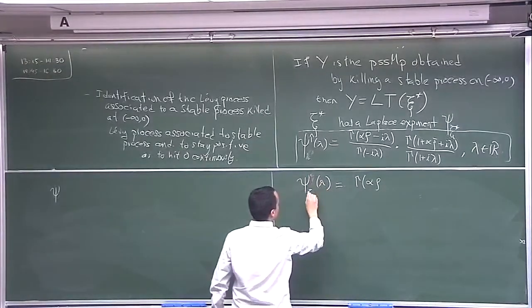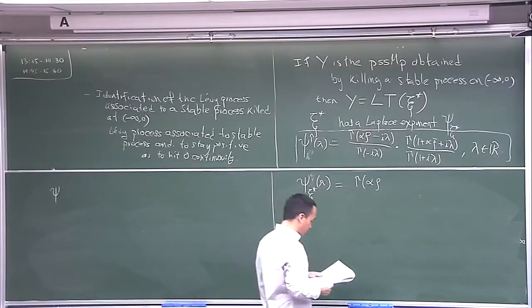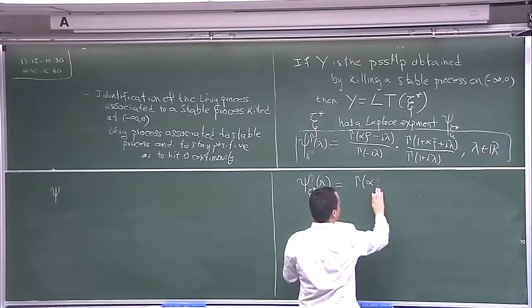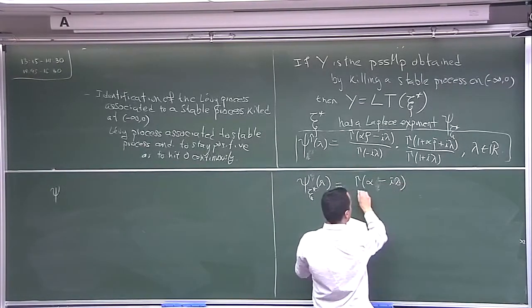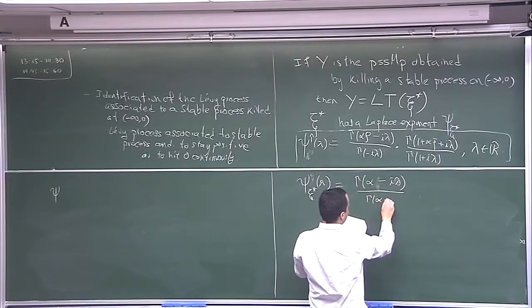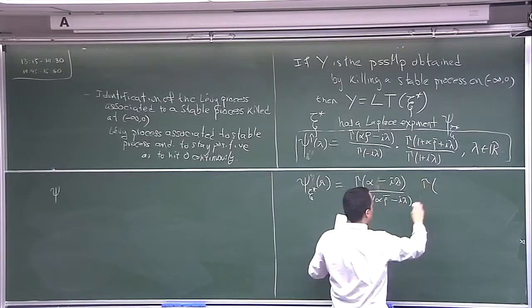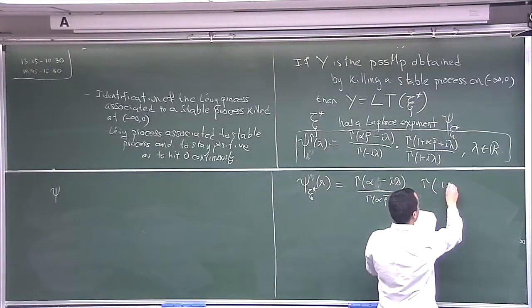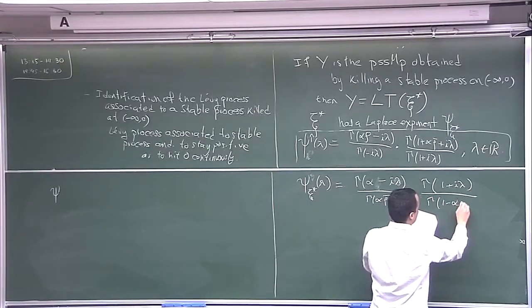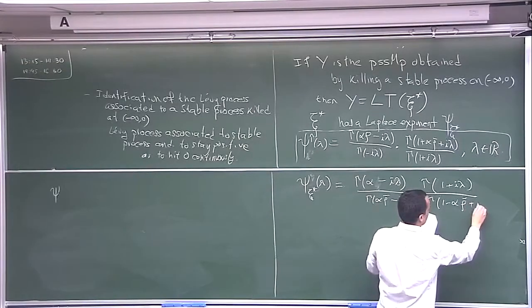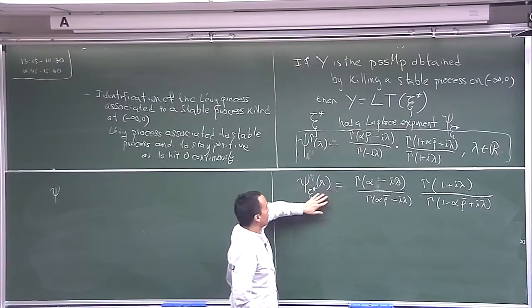And I will write the correct one for psi star: gamma alpha minus I lambda, gamma alpha rho bar minus I lambda, gamma 1 plus I lambda, gamma 1 minus alpha rho bar plus I lambda. Okay, so this is the correct one for this guy.